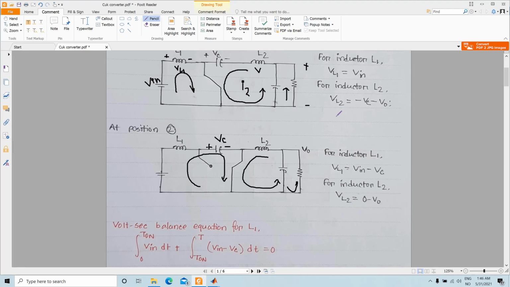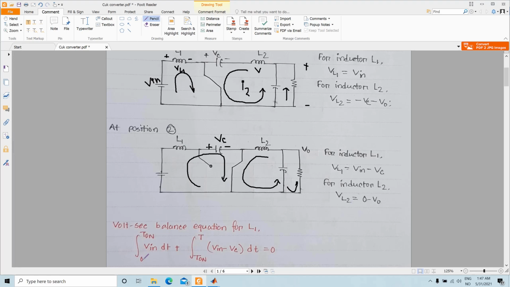Our obvious first approach is to calculate the gain equation, that is, the relationship between the output voltage and the input voltage. To do that, the equation we always use is the volt-second balance equation, which means that the integration of the inductor voltage over the whole time period is zero.